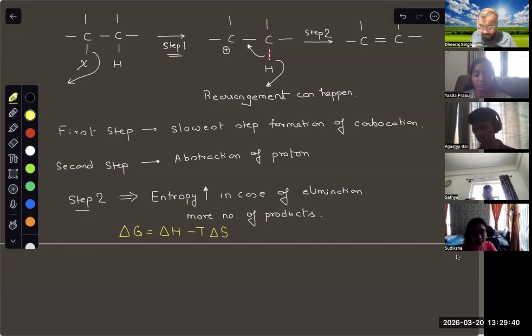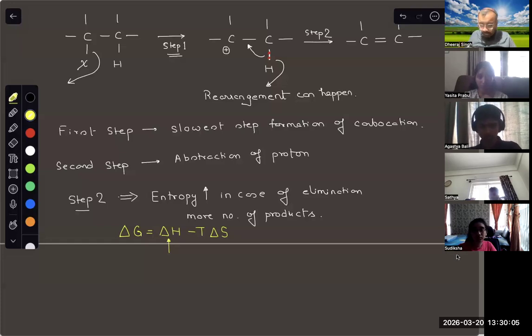This delta H accounts for the thermodynamic variable, as in whether the product is more stable or not. But many reactions are endothermic in nature, and they still happen.